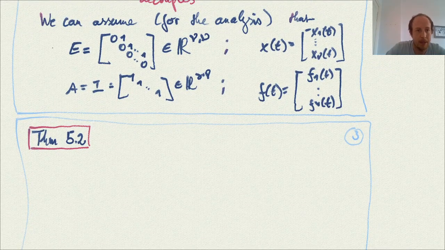Well, let's call this matrix, just for later reference, E_nu, the nilpotent matrix in standard form of size nu, or of index nu.